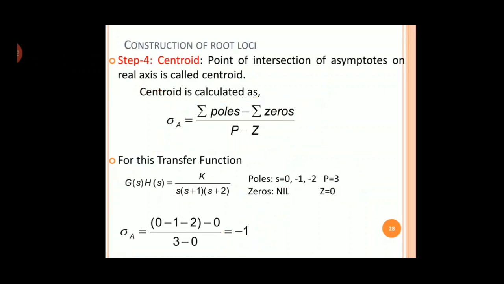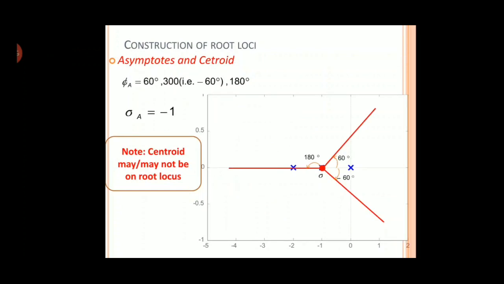So far, we identified the open loop poles and open loop zeros. We identified the number of branches, and among them how many are going to infinity. So the number of asymptotes is equal to the number of branches going to infinity. Then we learned the angles of asymptotes and the centroid. So let us mark all of these on the graph.